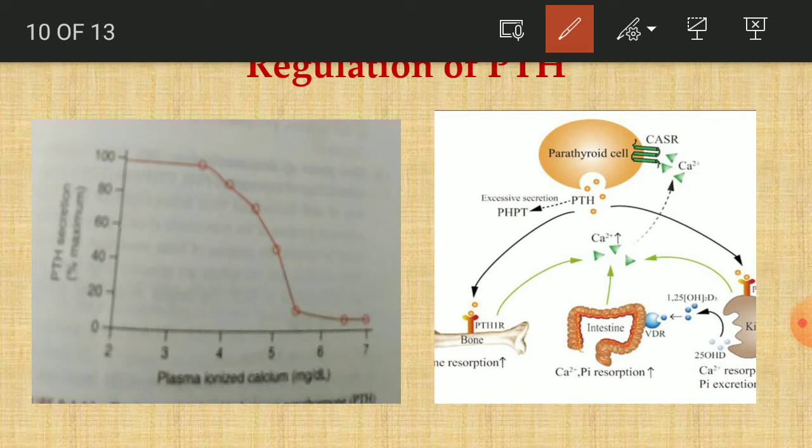We all know that calcium in ionized form remains in the blood in the range of 9 to 11 milligram per dl. The PTH release is inversely proportional to the plasma ionized calcium level.